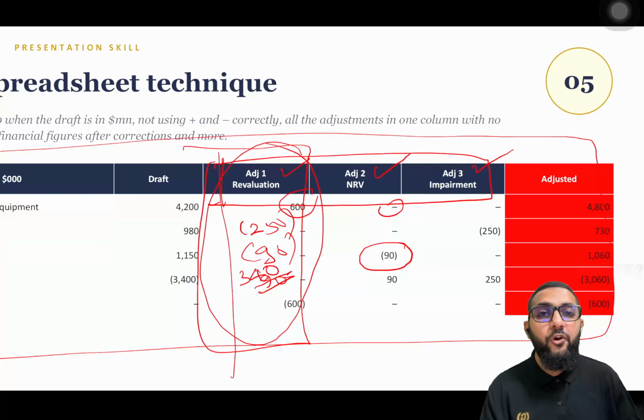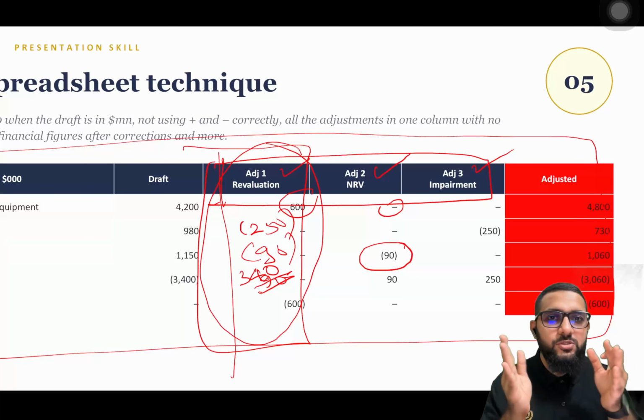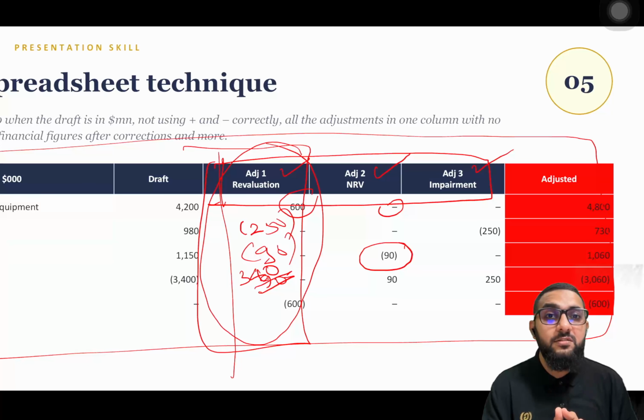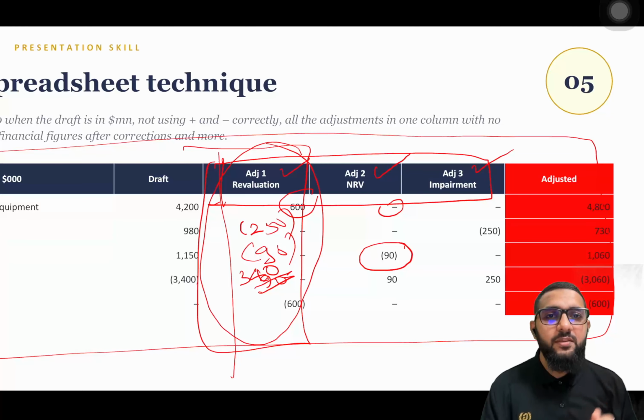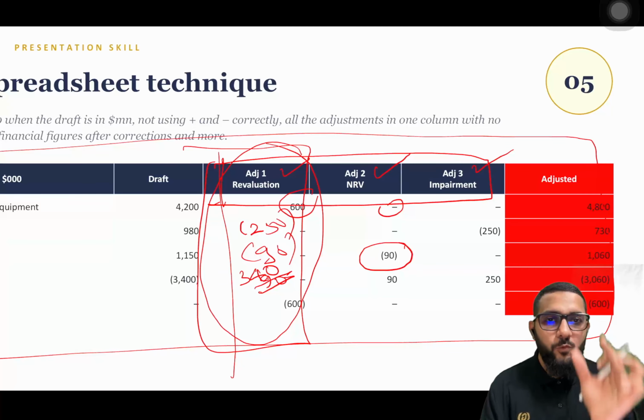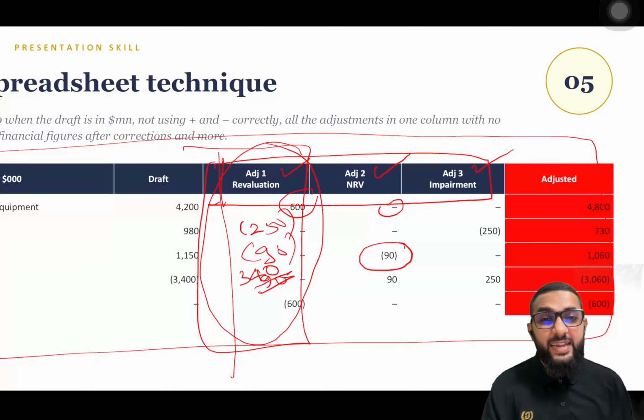So if your column looks like this, that's also a problem, because you need to leave trails for examiners to go back and understand where this answer is coming from. You need to leave the trails, which is why you use one column for one adjustment and do not clutter all the adjustments in a single column.